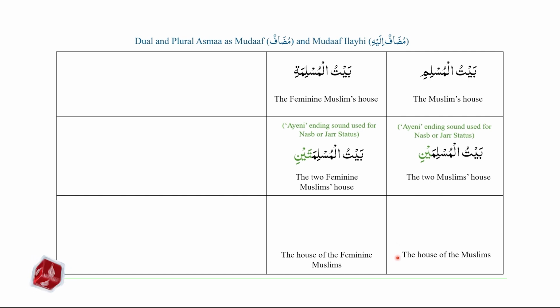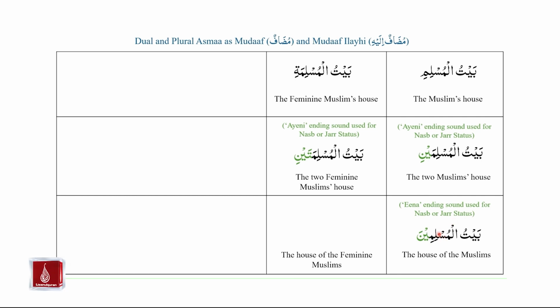Now coming to the plural example, if we want to say the house of the Muslims or the house of the feminine Muslims, in the first case we will say Baytul Muslimina. Again, focus on the ina ending sound. Ina ending sound is used to indicate nasab or jar status. So, una ending sound will indicate rafa status.